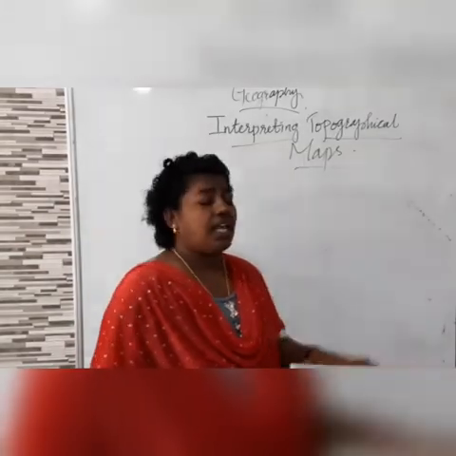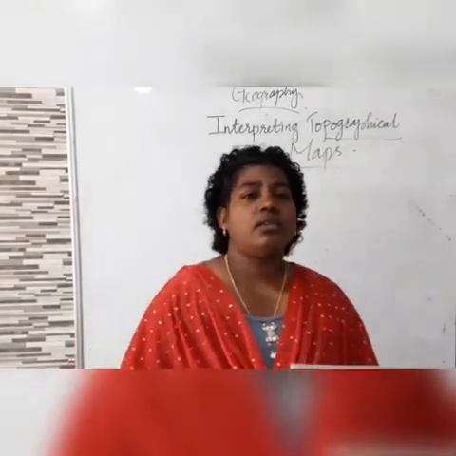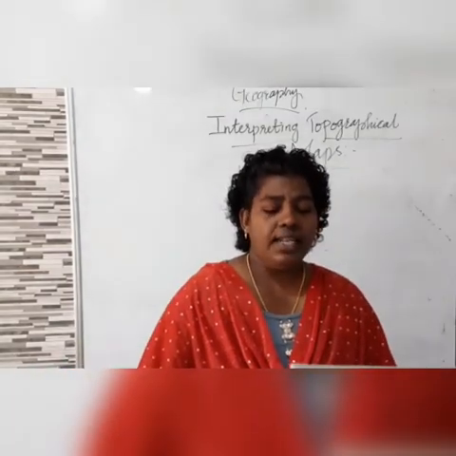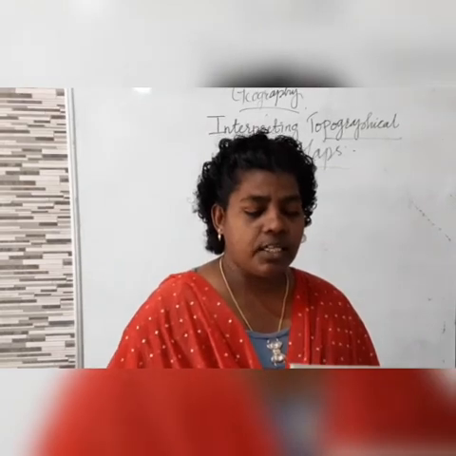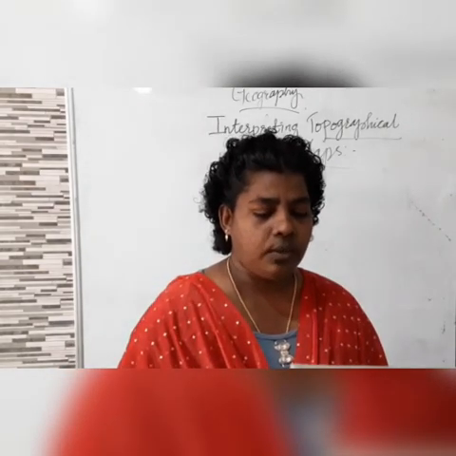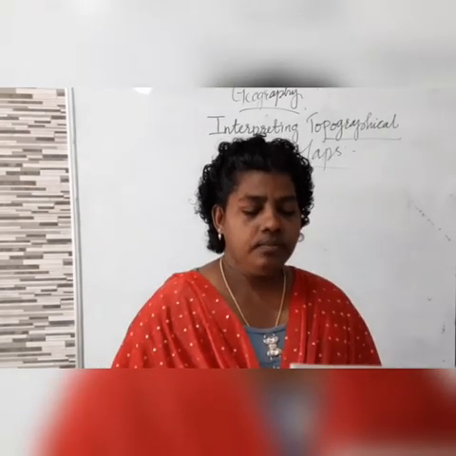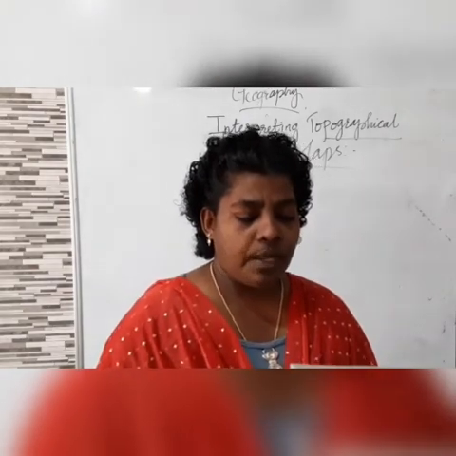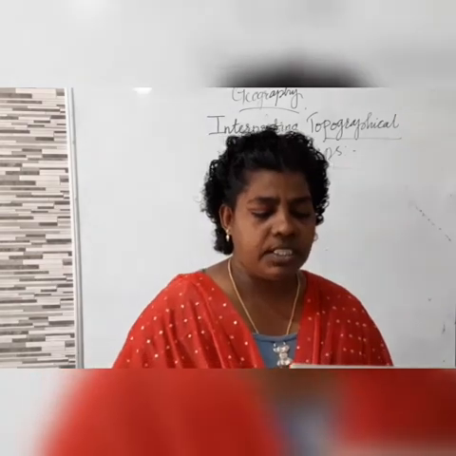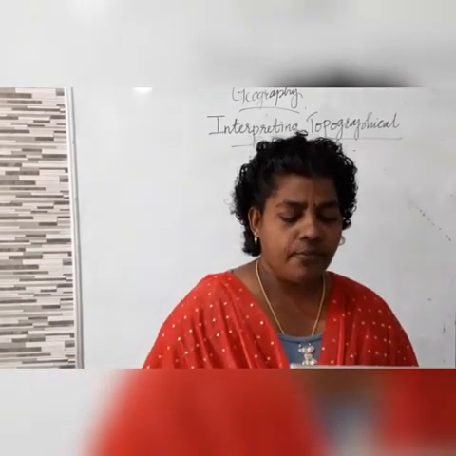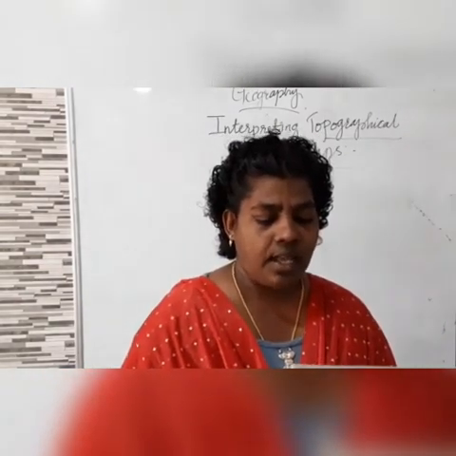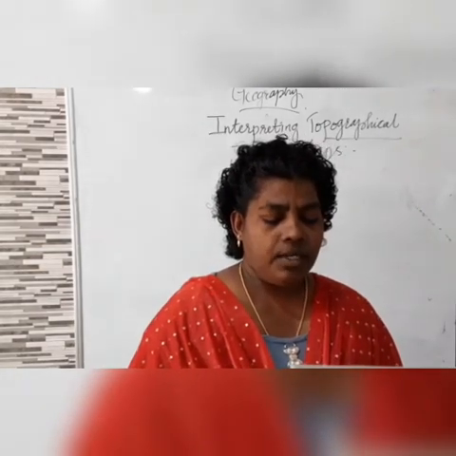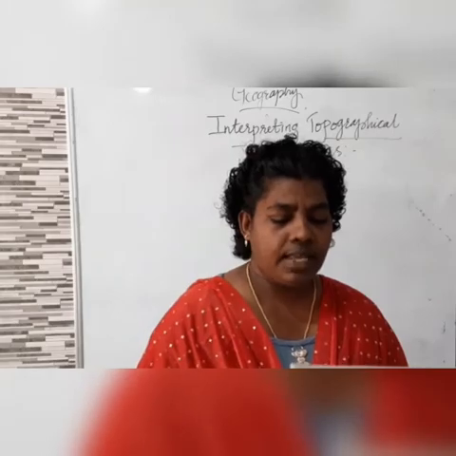And linear settlement, the second one. What is called a linear settlement? Linear settlements are those that are found in a line. Houses, shops, dhabas, petrol pumps and garages develop along the sides of roads and railway lines, and gradually these linear settlements grow in size.